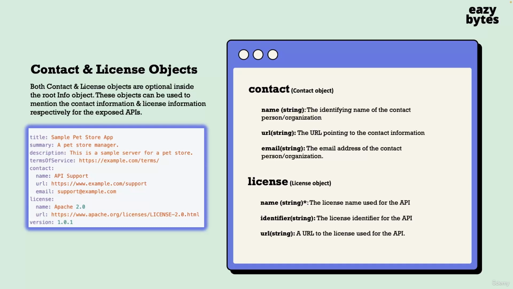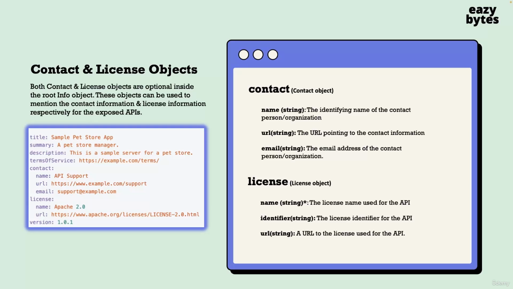Inside the contact, you can mention the name of the contact using the name field, and the URL where they can submit a ticket or reach out to our support team. Those kinds of website details you can give under the URL field of the contact object. And at last, we can also mention an email using which they can send their queries, and the same can be addressed by your support team or development team.